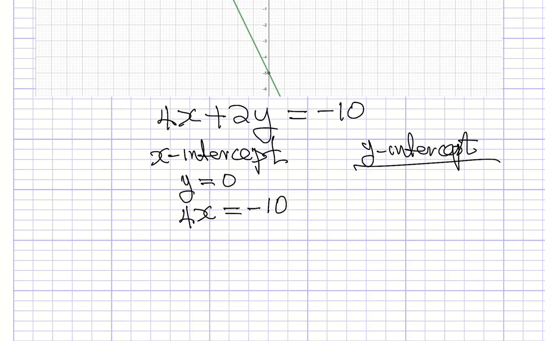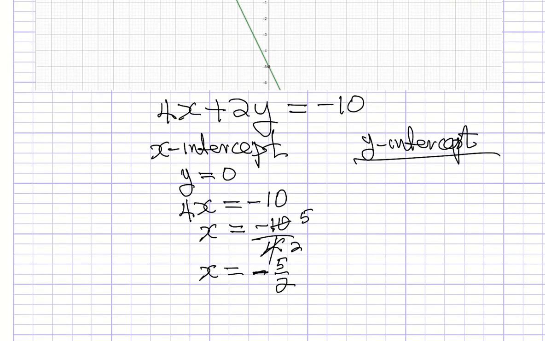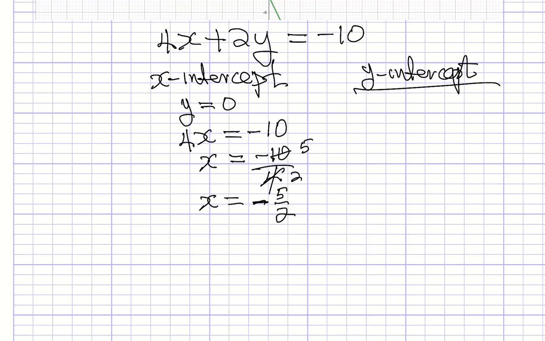If you solve, x equals minus 10 over 4. That's the same thing as x equals minus, what is that? 2 divided into this, you get 2. 2 divided into this, you get 5. So minus 5 over 2.